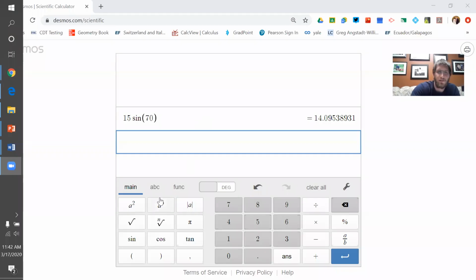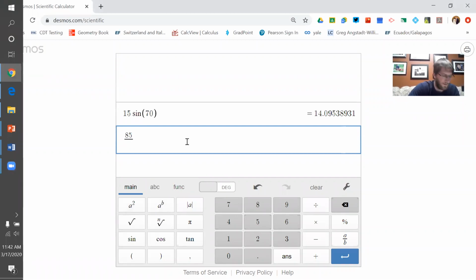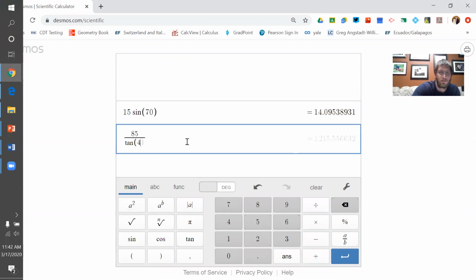So we're going to type in 85 divided by tangent of 48, and make sure once again we're in degrees, and that should give us approximately 76.5, again if I round to the nearest tenths position. That calculator is pretty nice, especially for these trig functions. You can either click on the numbers and the trig functions or you can just type them in. It's a pretty user-friendly calculator.